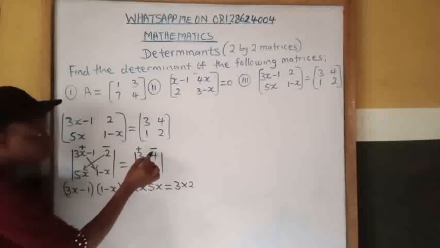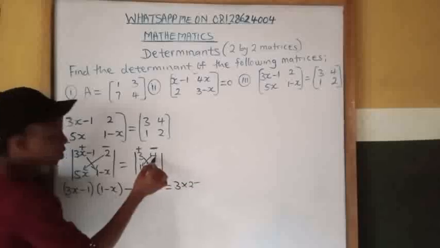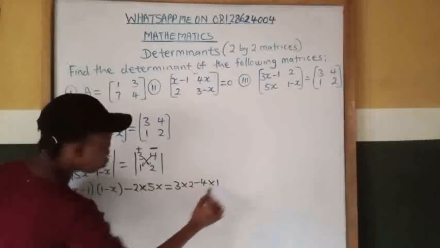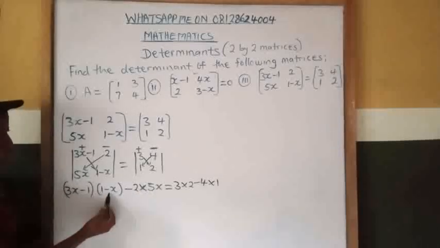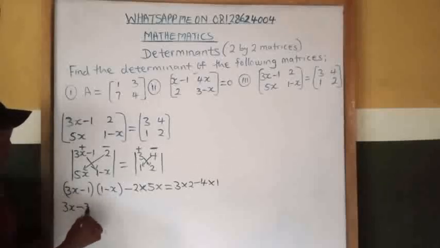We want to pick the next one. So this negative sign will come first, minus 4 times 1. So let's open the brackets. Use the first bracket to open the second bracket. 3x times x will give us 3x. 3x times minus x will give us minus 3x raised to power 2.